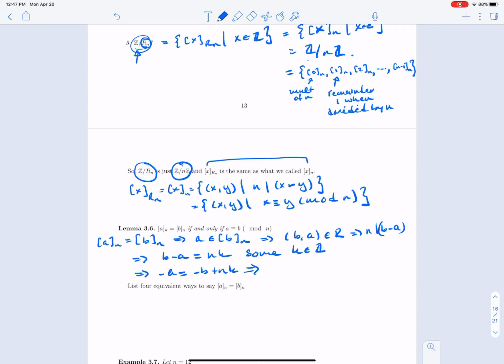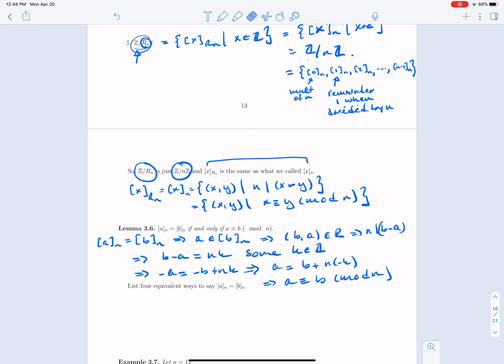That tells me that A is equal to B plus n times minus k. And that tells me that A is congruent to B mod n. That's the definition of what it means, right?